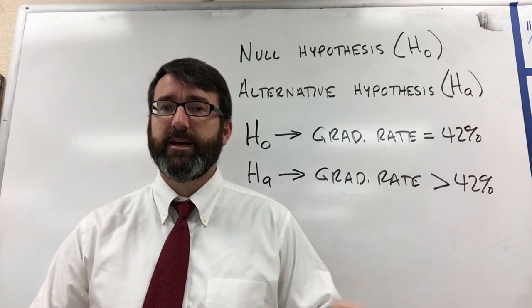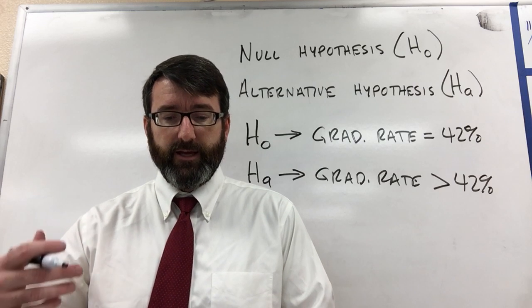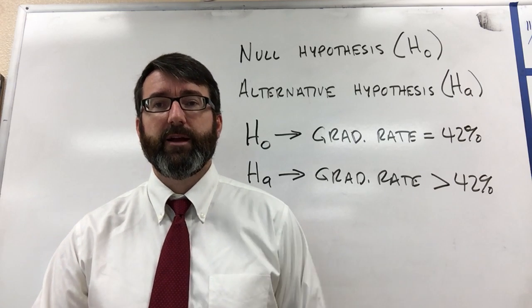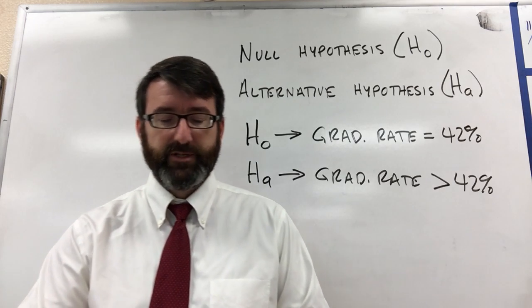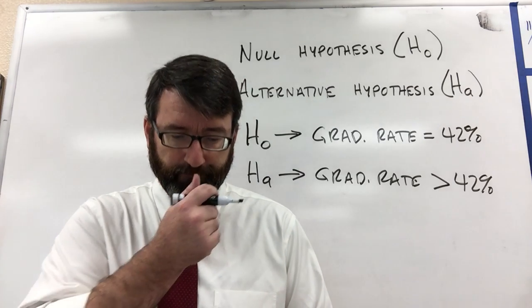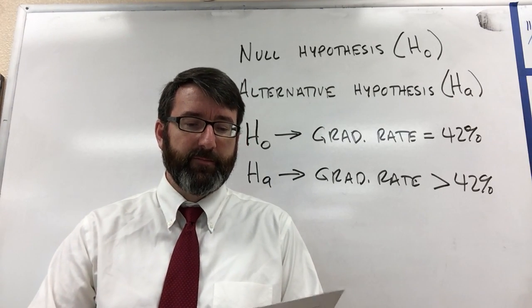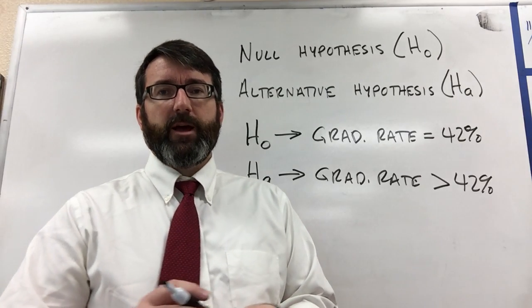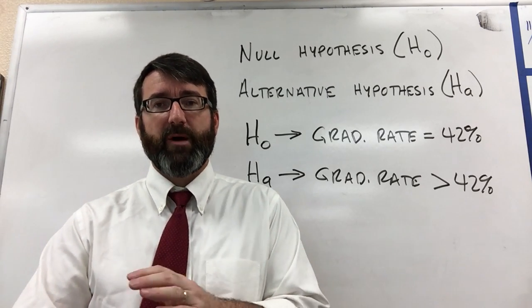All right, so those are our two hypotheses. The null hypothesis is that the graduation rate is just what the state average is. The alternative hypothesis is that the graduation rate is higher than the state average, which is what the college president claims. All right, part B, describe the two possible outcomes of the test. Well, the first outcome is that we reject the null hypothesis.